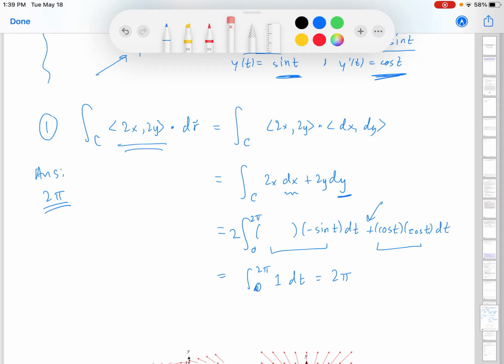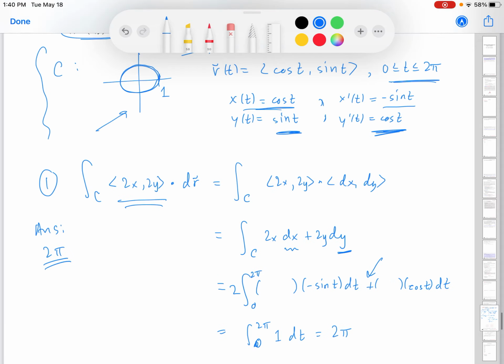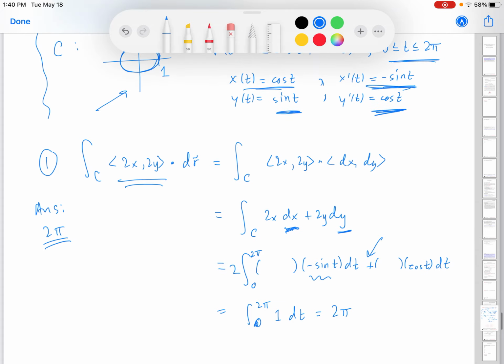And then here, basically what's different is what these first terms are. Dx is still x prime times dt, so that's this term. Dy is still y prime times dt, so that's this term. Those don't change. What changes is 2x and 2y. So now I have x, which is cosine of t, and then I have y, which is sine of t, which is over here.